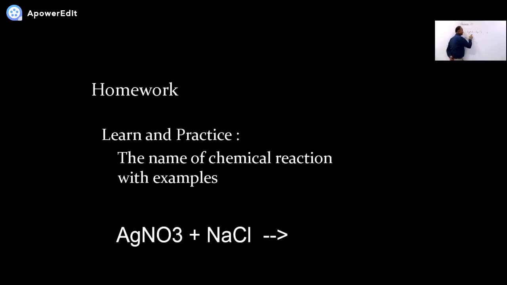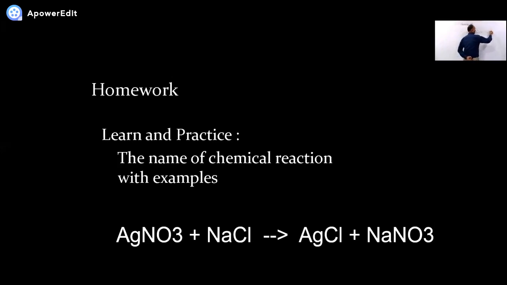Then these two will exchange their positions. Then what will it become? Na will come over here, it will become NaNO3, sodium nitrate, plus silver will come over here, AgCl. It's a double displacement reaction.